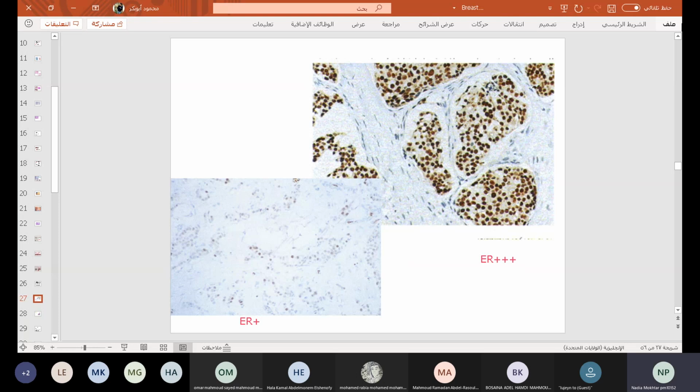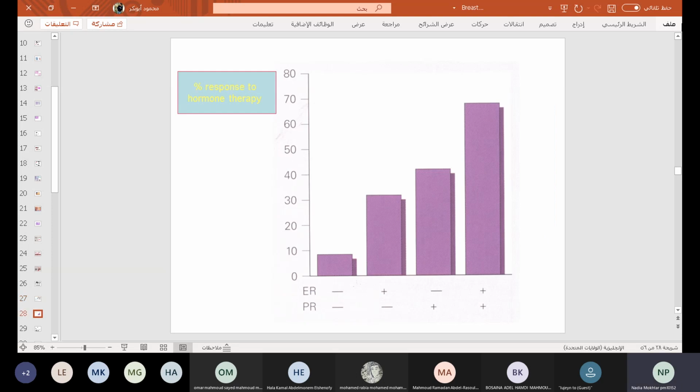So the strongly positive will respond much better to hormone therapy, while those that are weakly positive will respond less favorably. Of course, if it is totally negative, we will not give hormone therapy altogether. Next. So the higher the content of the estrogen in the cells, the better will be the response, and the lower it is, the worse the response.